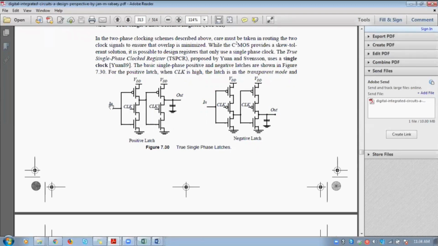The input initially will be inverted and come here. Again, another inverter will invert it and the normal input value will come out. If you see the negative latch, we are going to apply clock equal to 0. When clock equal to 0, both the PMOS will be on and it will act as the normal inverter state.